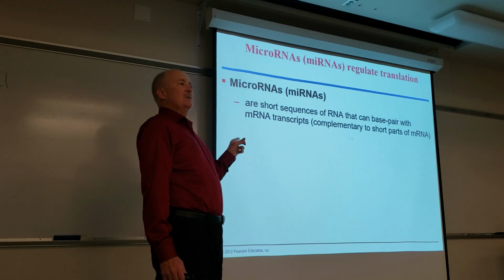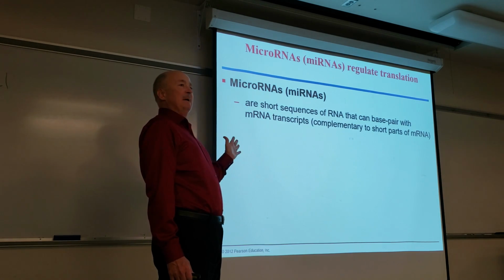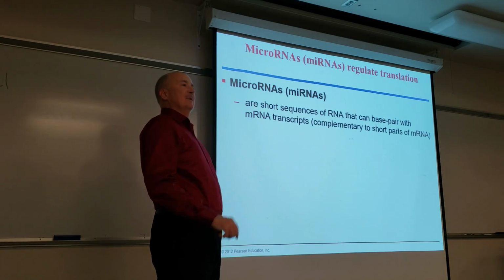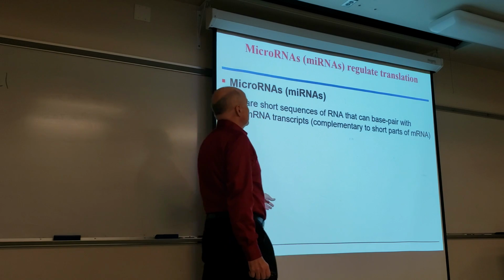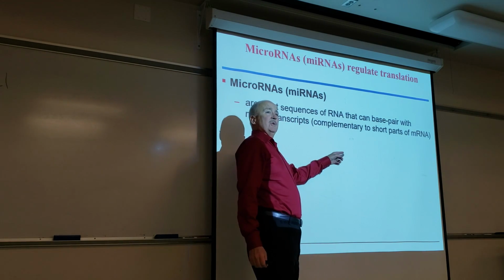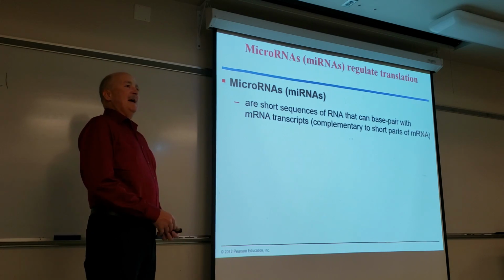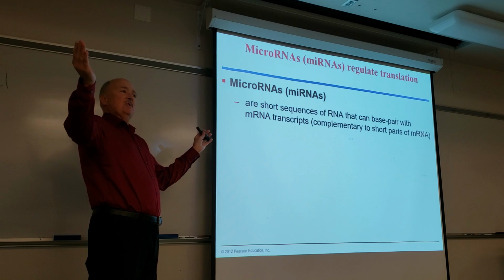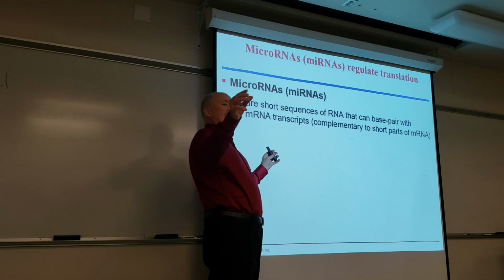Well, we've already looked at transfer RNAs, ribosomal RNAs, messenger RNAs, all these little prefixes that go in front of the letters RNA. Here's another one, microRNAs. These are used to regulate the messenger RNAs. So what you'll have is perhaps a long messenger RNA with 1,000 or so nucleotides in it, and that is a single strand.